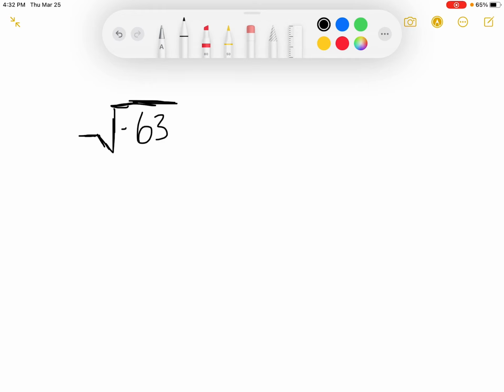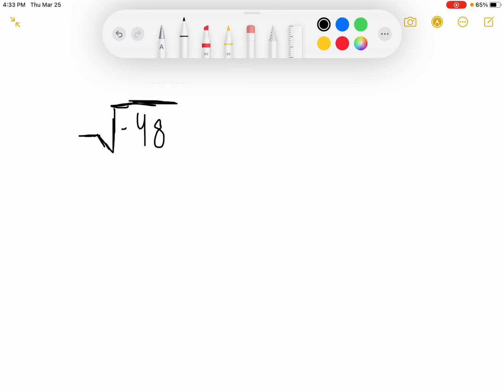If it was 64, obviously, if there was no negative, it would just be 8. But 63 is not a prime number, so it can be broken down. Let's see. Well, maybe not into square roots. So how about we do 48. That's a common one that you might see on problems because there is one that can be.